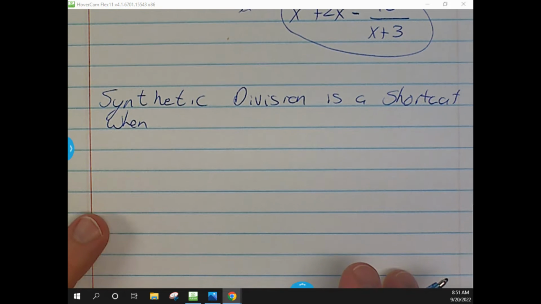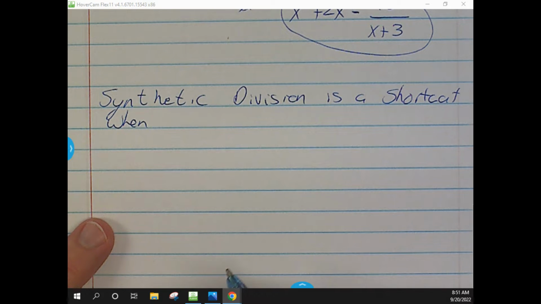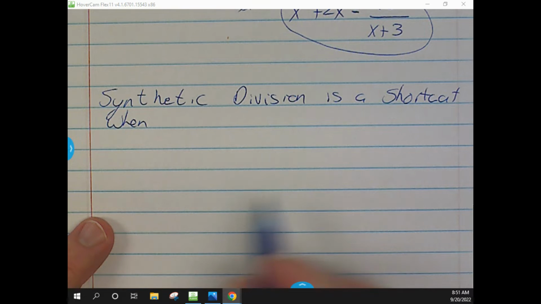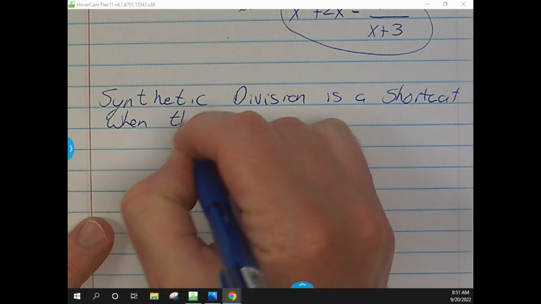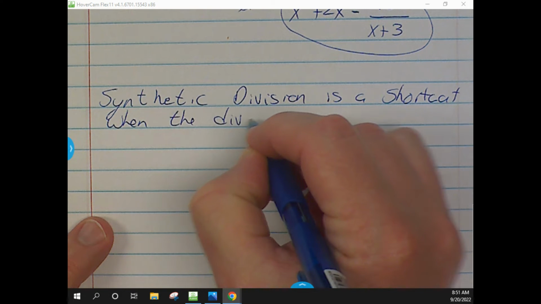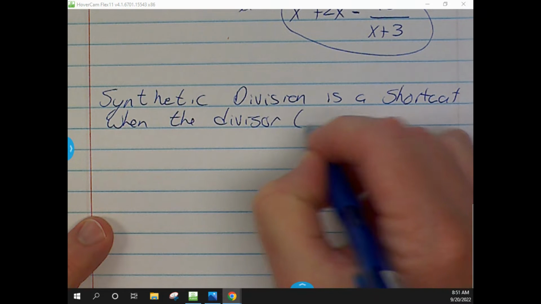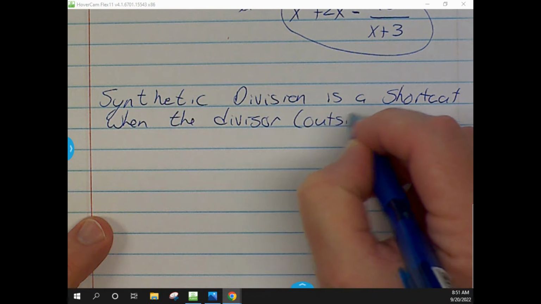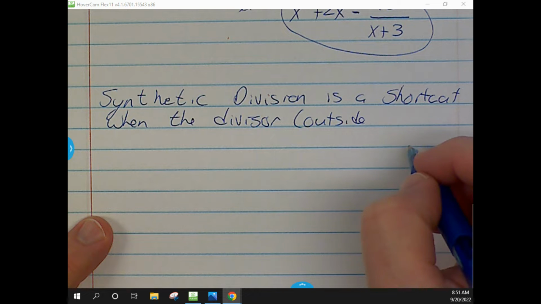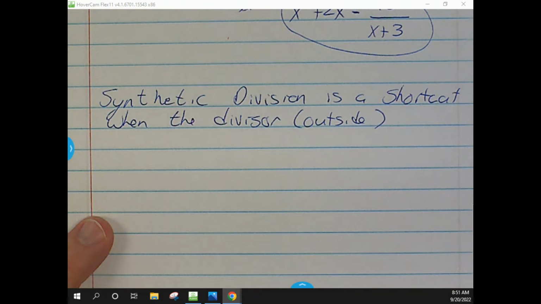It's a shortcut when the divisor, what you're dividing by, is the thing on the outside.